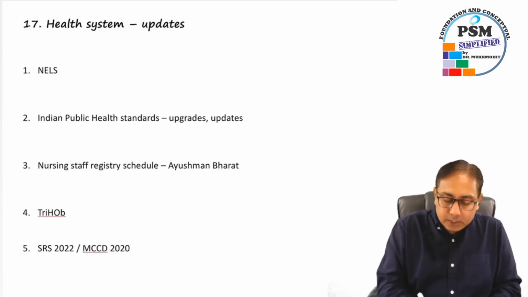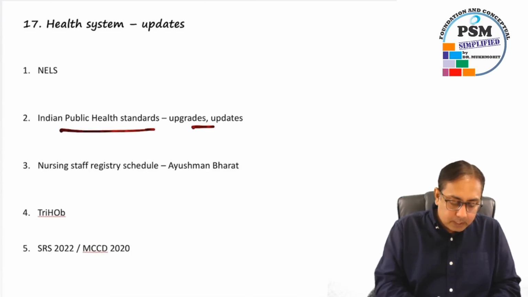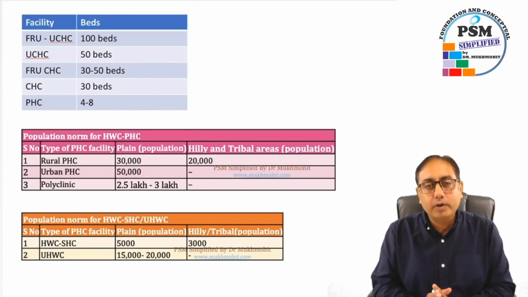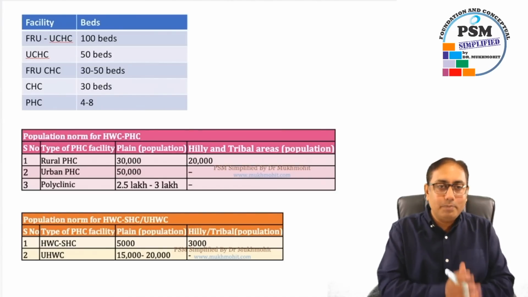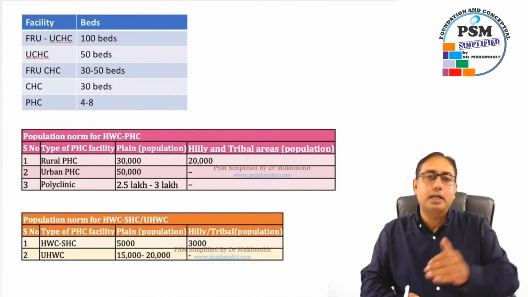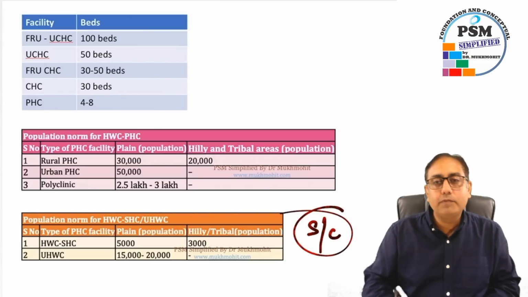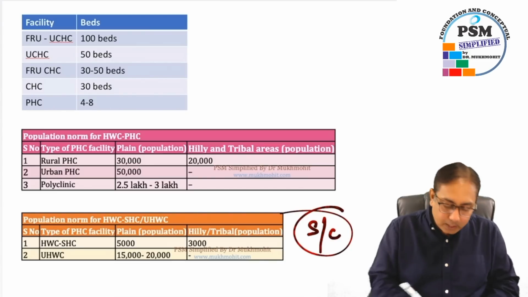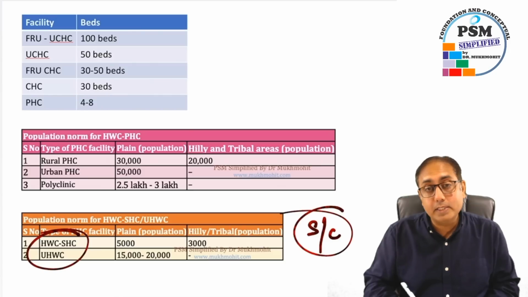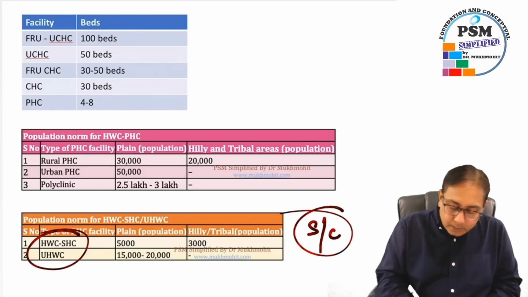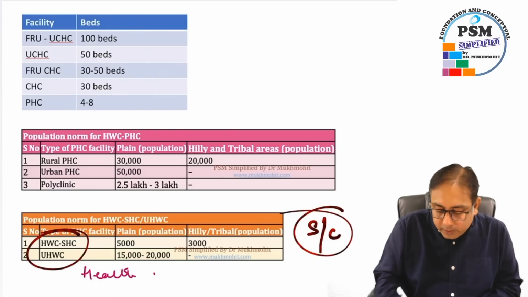Next is what is IPHS standards, upgrades and updates. In IPHS standards, we already know that there are PHCs, subcenters and the CHCs. First important information is that the sub-centers that we were having in India have been upgraded to health and wellness centers. What are these health and wellness centers?